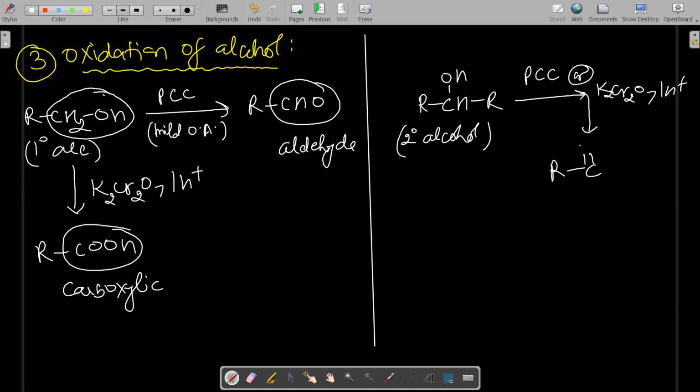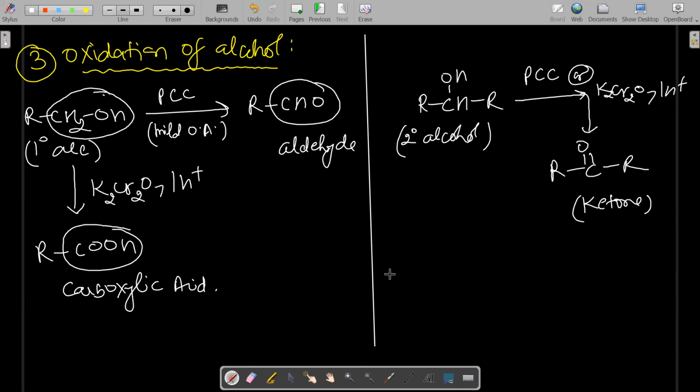Ketone, and you know ketone cannot further oxidize. So secondary alcohol converts into ketone, whether you take PCC or K2Cr2O7 or KMnO4. Because in primary alcohol there is a formation of aldehyde, and aldehyde is further oxidized to carboxylic acid in the presence of a strong oxidizing agent.